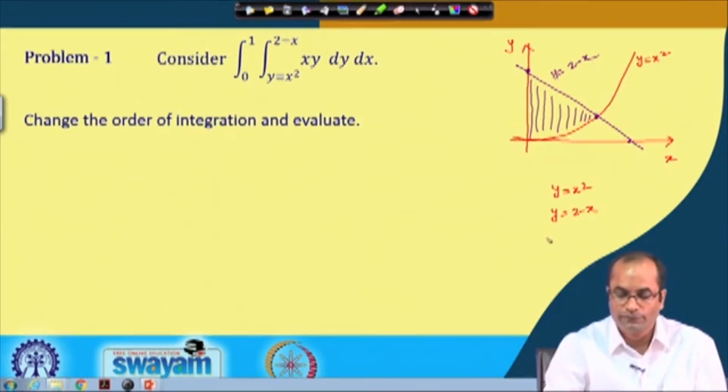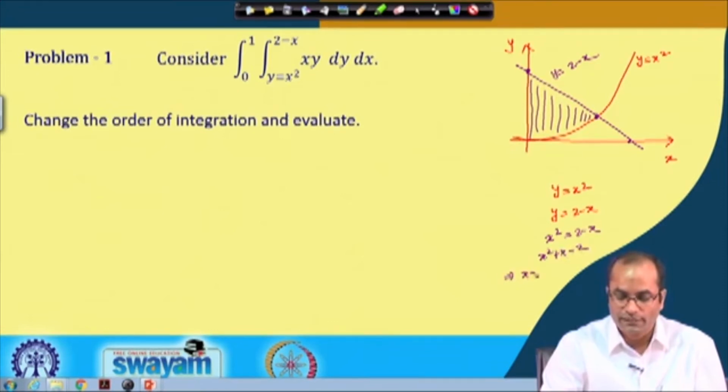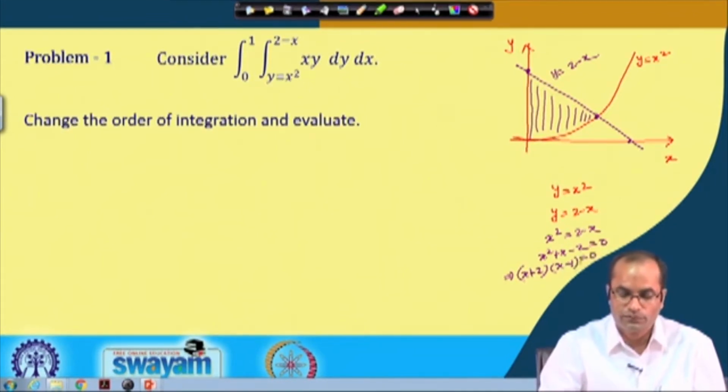So, here if we put x square equal to 2 minus x, we have x square plus x minus 2 equal to 0, that means (x plus 2)(x minus 1) is equal to 0. So, we have x equal to 1 and minus 2.